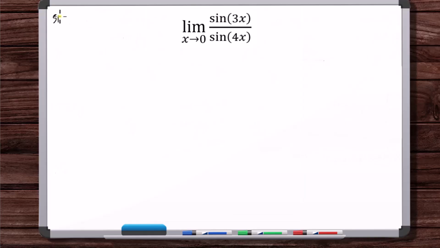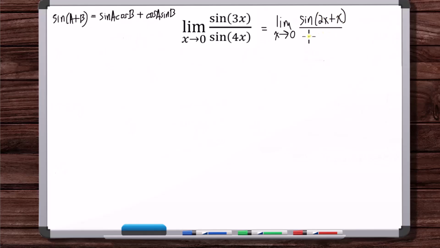So sine of A plus B is equal to sine of A cosine of B plus cosine of A sine of B. So what we can do is, let's go ahead and rewrite this limit as sine of 2x plus x over sine of 2x plus 2x.